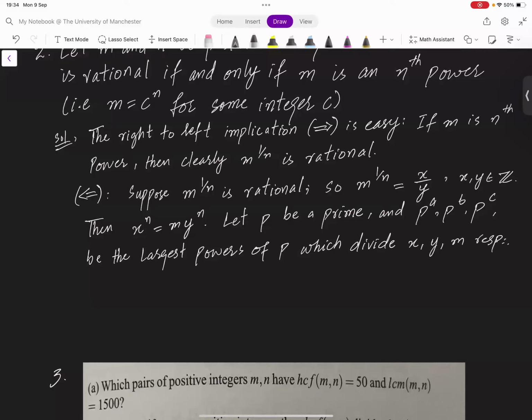That means p power a divides x, p power b divides y, and p power c divides m. Okay.